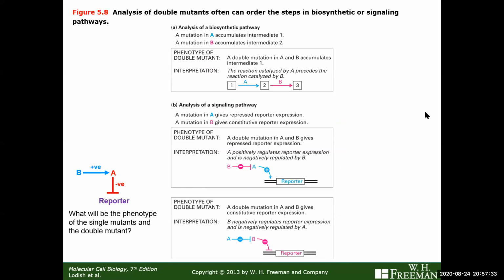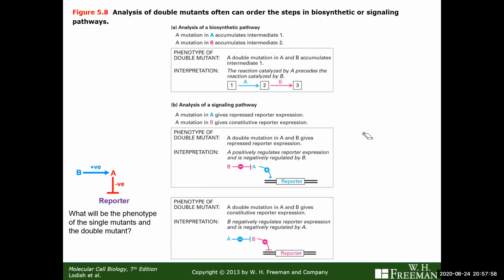Okay, epistasis means that if we are talking about a pathway, a biochemical pathway, a signal transduction pathway, something like that, where multiple genes act in a certain sequence.